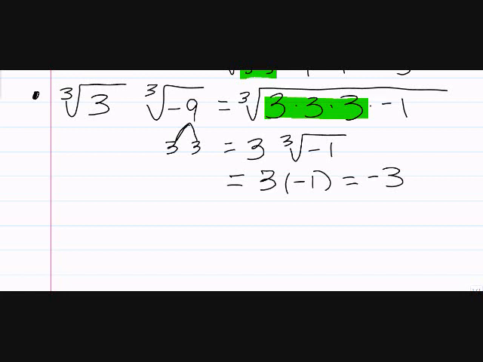Let's go on to the more interesting ones where we got some variables going on. So let's simplify the square root of 50x to the third power.